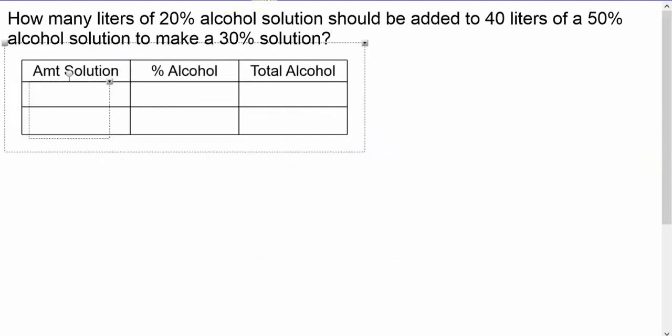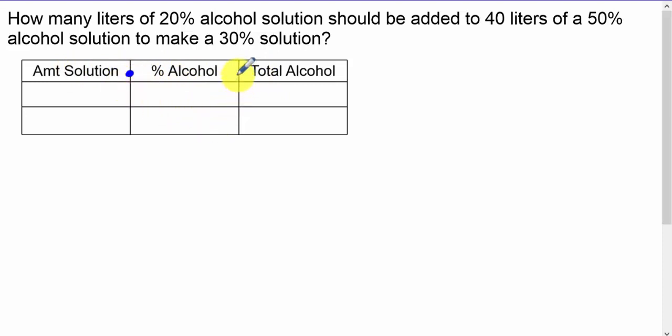Lastly, talking about a mixture problem. In these problems, it works out exactly like we just did for our interest problem. The relation between these columns, one column is going to be the amount of the solution you start with, the percent of alcohol in that solution, and then the total alcohol.